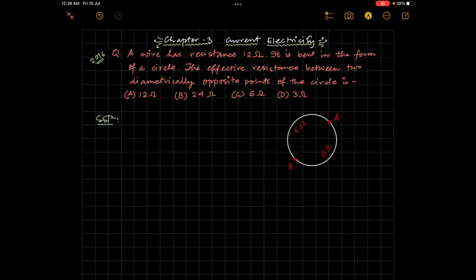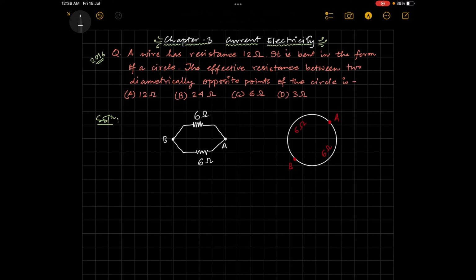Here we have our point B and here we have our point A, and instead of drawing a semicircle, I can simply draw a resistance in their place. So my problem has been reduced to a very simple form.